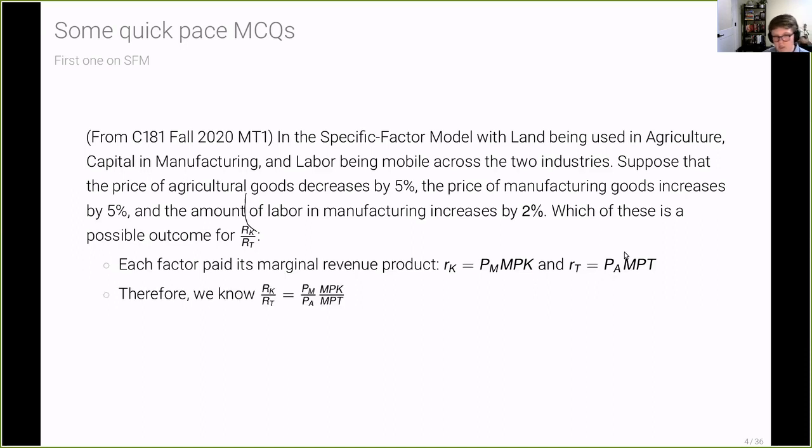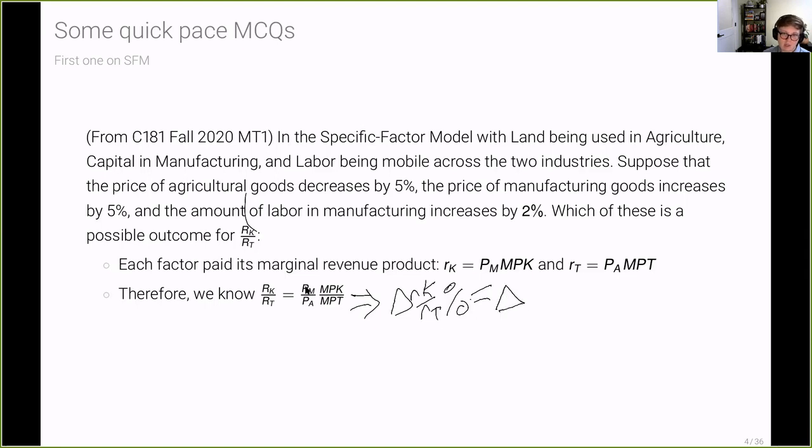And so if we take that all as a fraction, we know that RK over RT is equal to PM times MPK over PA times MPT. If I want to figure out the percentage change of RK over RT, I'm going to go back to section 0 where I introduced percentage change rules.